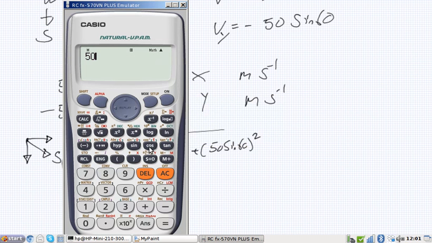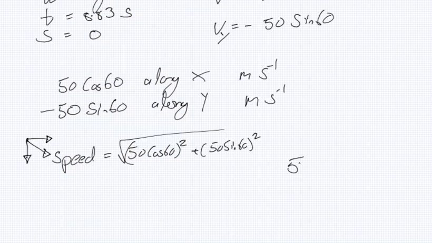Okay, 50 cos 60 squared plus 50 sine 60 squared, square root, 50 meters per second is the speed at impact, the final speed just prior to the impact. That's how fast it's going when it hits the ground at the end.